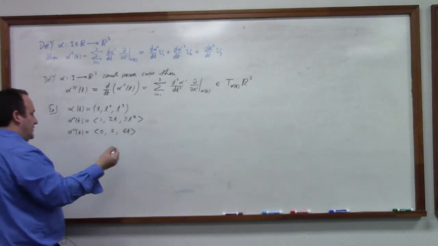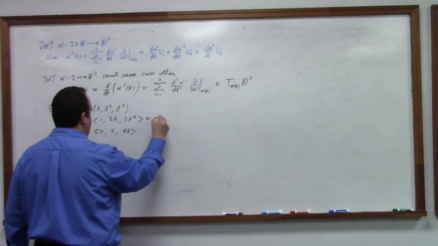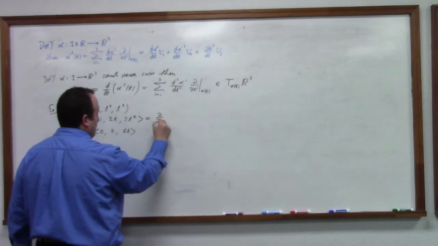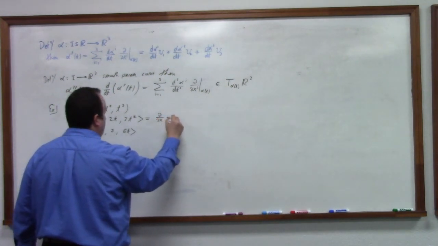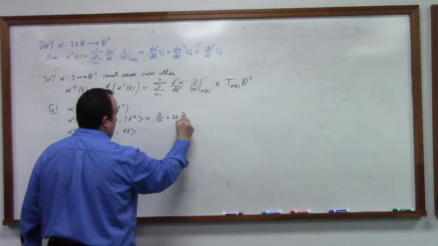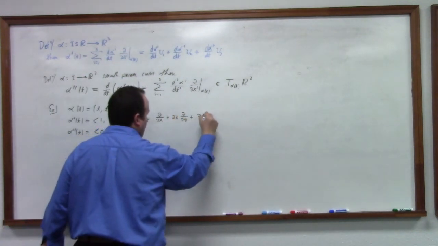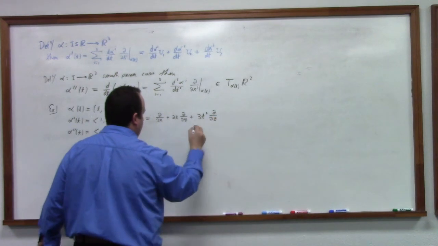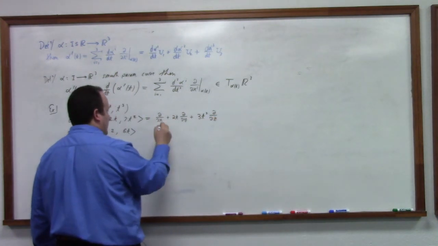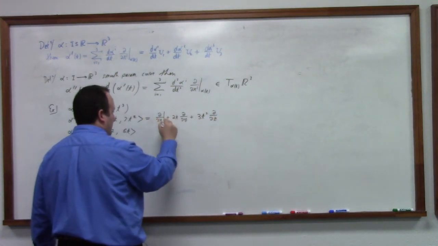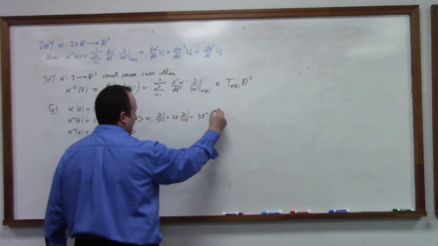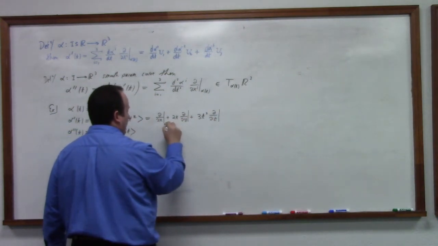In our other notation, this would be partial x plus 2t partial y plus 3t squared partial z, all at alpha of t.